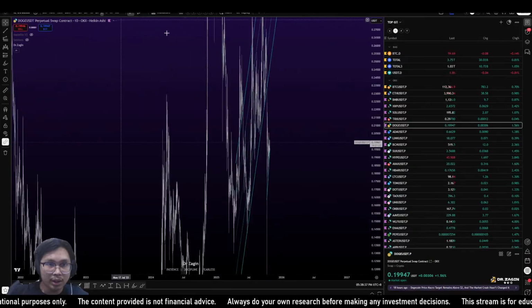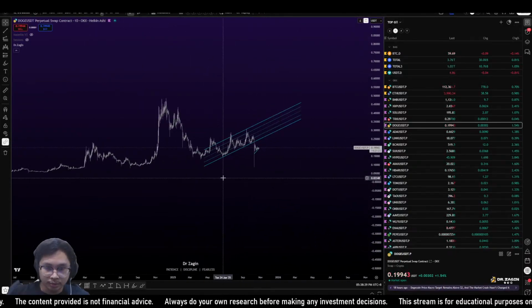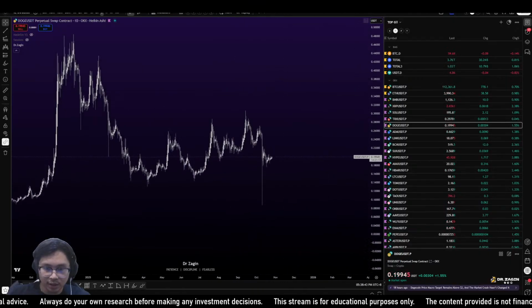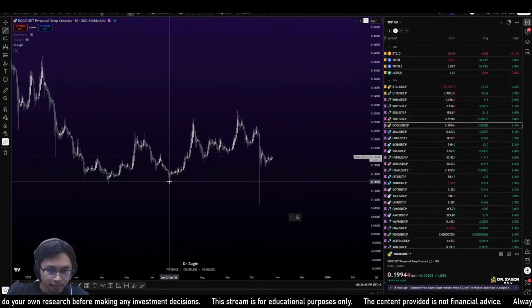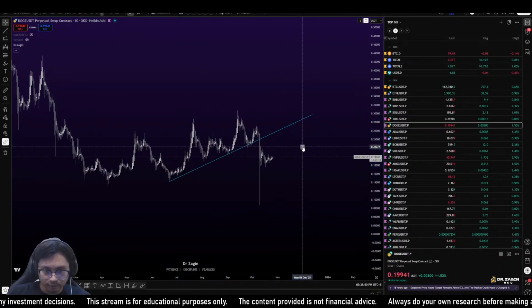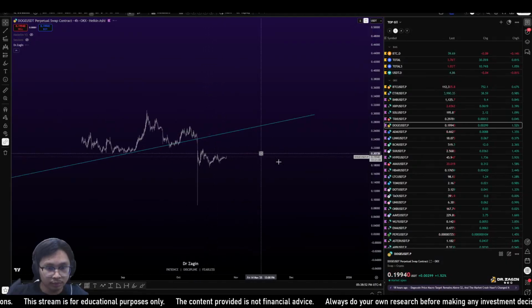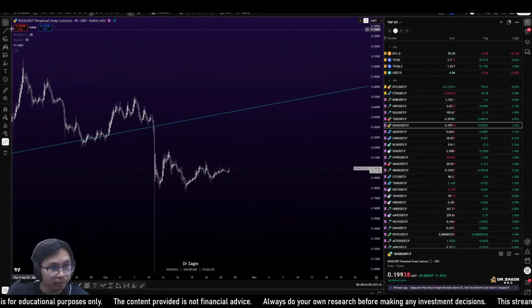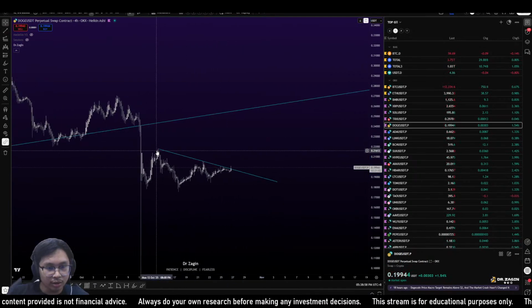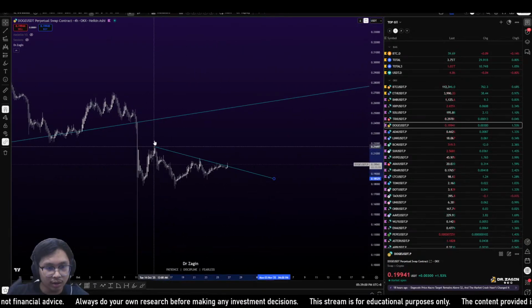Dogecoin. Come on, Elon. Let's move my drawings. Breakout. You can see a breakout.